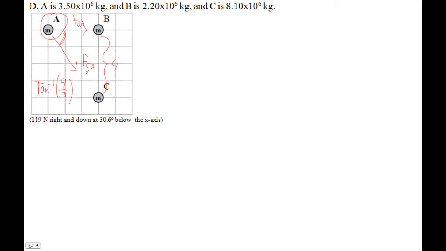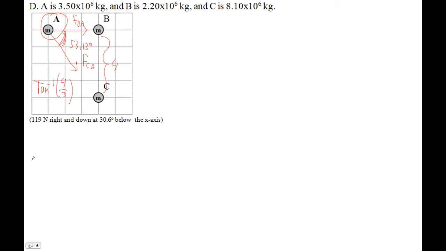I'm projecting it all the way to these points. The opposite side is 4, and the adjacent side is 1, 2, 3, right? So it's bigger than 45 degrees. I think we can tell that, right? So inverse tan of 4 divided by 3 is 53.13 degrees. That's this angle right here. All right, now we're set.